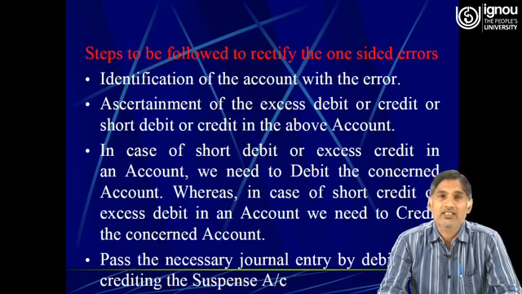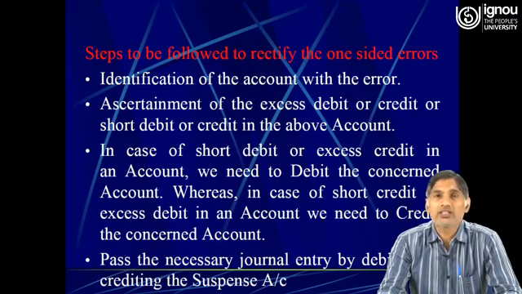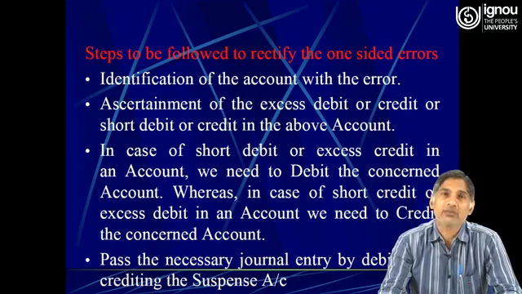Second is ascertainment of the excess debit or credit or short debit or credit in the above account. Once the account is identified, we need to see how much excess debit or credit has been made or how much short debit or credit has been made in that particular account.